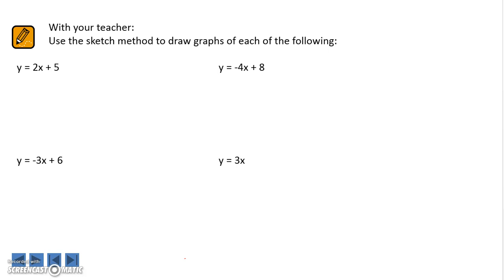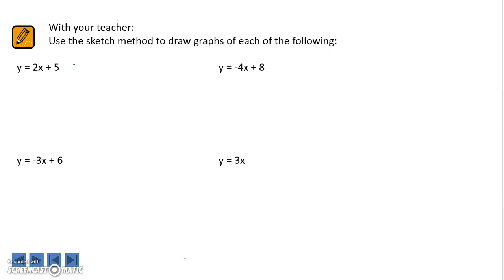Remember, whenever you draw and sketch a graph, you only need 2 points. The y-intercept and another point, or the y-intercept and the x-intercept.